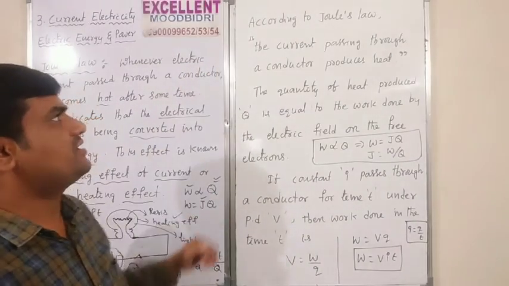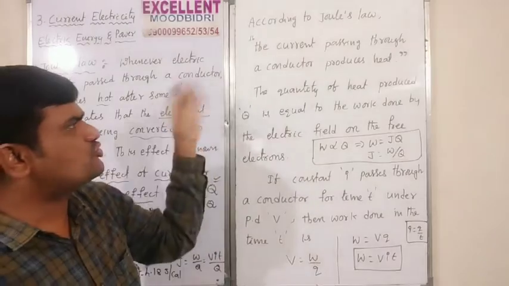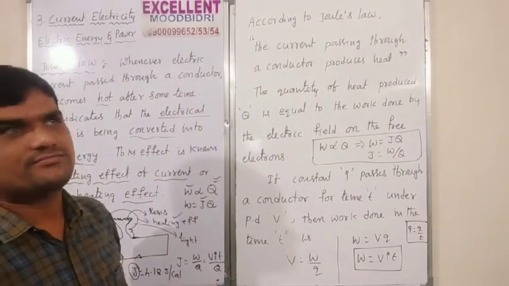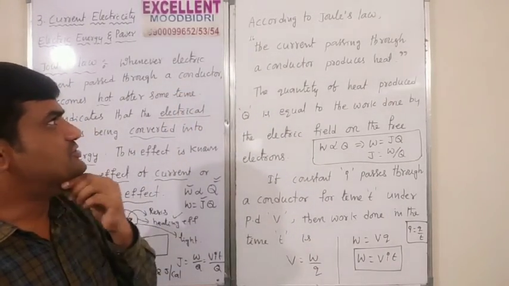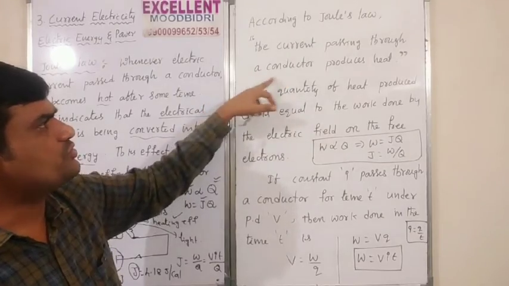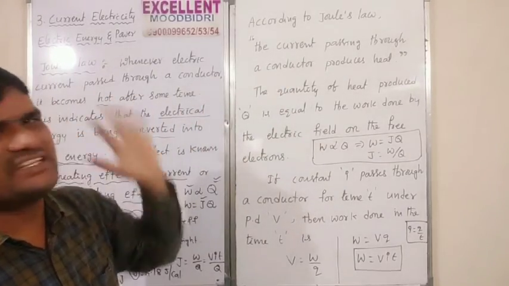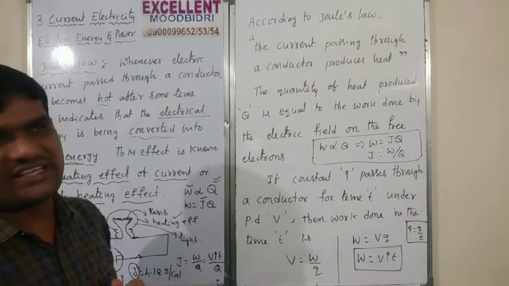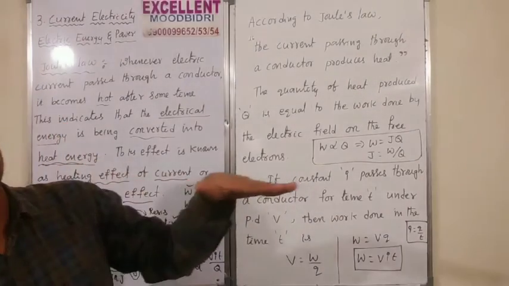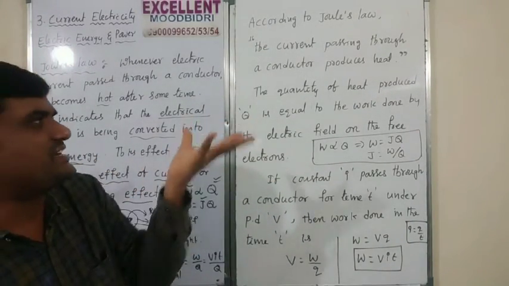According to Joule's law, the current passing through a conductor produces heat. The current is passing through the conductor, it can produce heat energy.